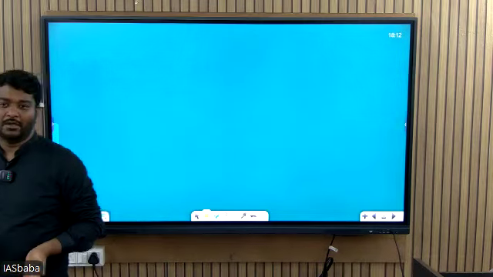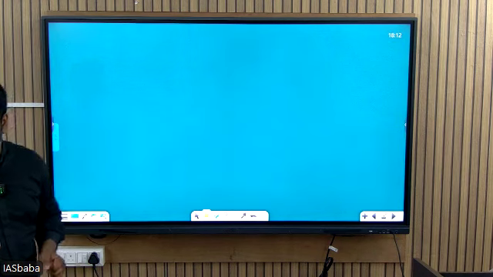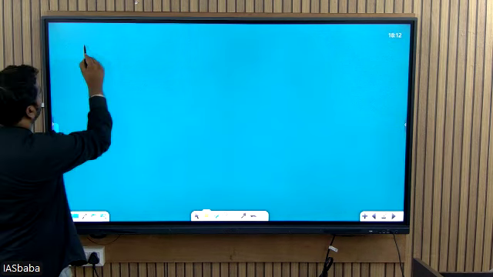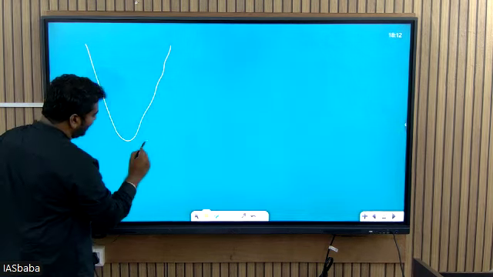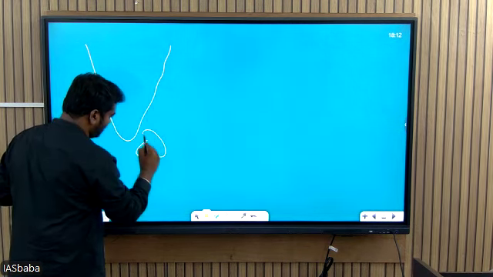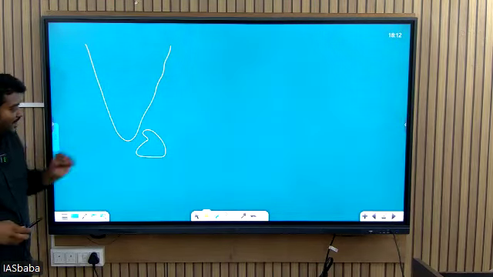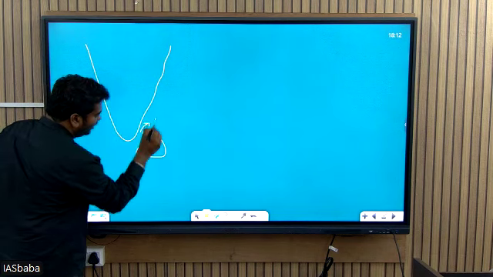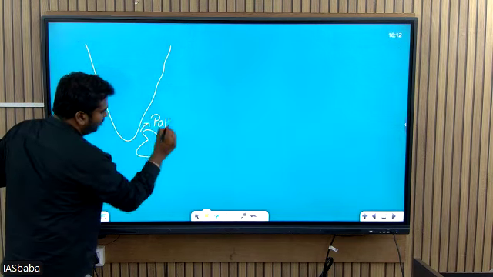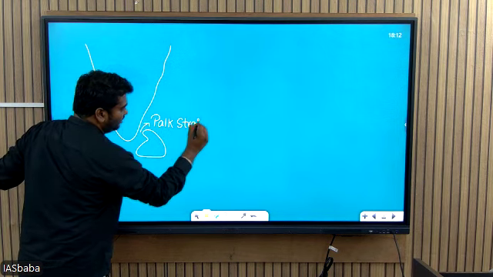Okay. Now we'll see issues. What are all the international issues that are there with respect to this? You see, if I take India, Sri Lanka. India and Sri Lanka is basically separated by Palk Strait above.